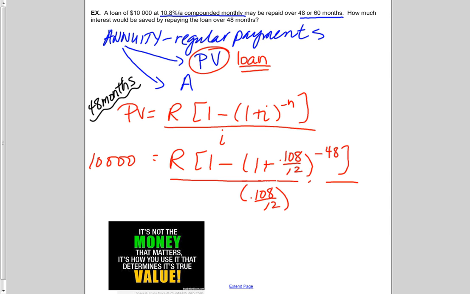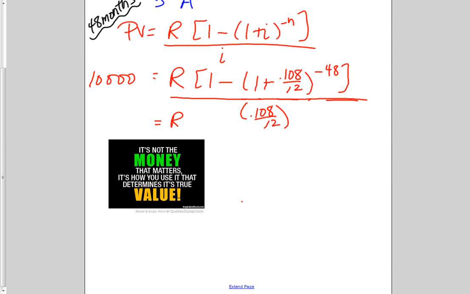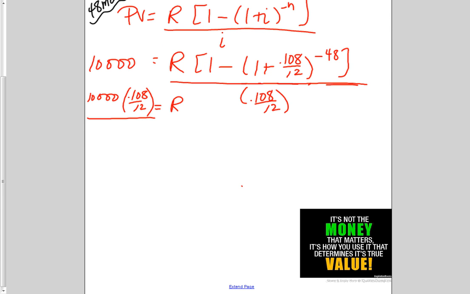Over the adjusted interest rate. Remember, when you want to get R by itself, we're going to have 10,000 times i, and we're going to do the whole thing divided by the nasty square bracket, which is 1 minus (1 plus 0.108 over 12) to the negative 48. $257.49.